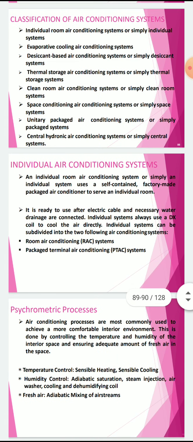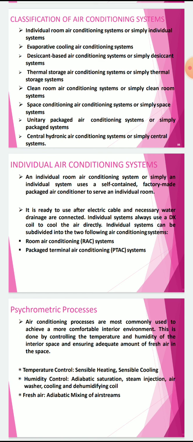Coming to individual air conditioning systems, an individual room air conditioning system or simply an individual system uses a self-contained factory-made packaged air conditioner to serve an individual room. Individual means the units are separate.